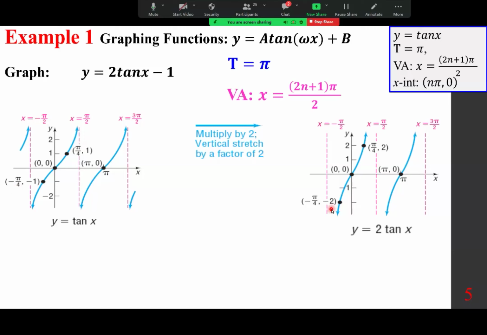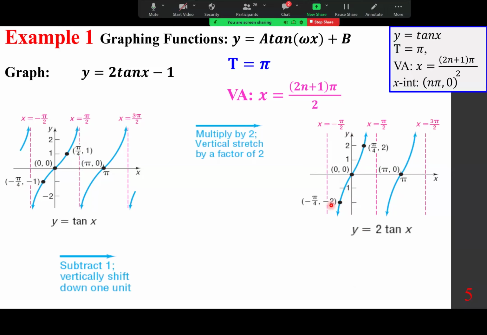That's 2 tan x. So again, we have the same vertical asymptotes. And finally, negative 1. We're going to bring this down by 1 unit. So shift it down by 1 unit. When you shift it down by 1 unit, (0, 0) changes to this point, (0, -1).